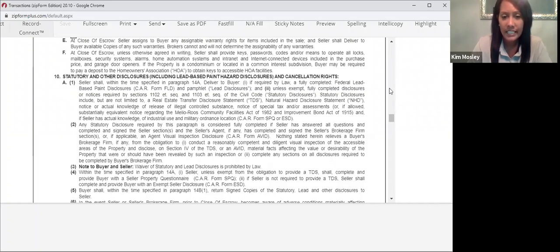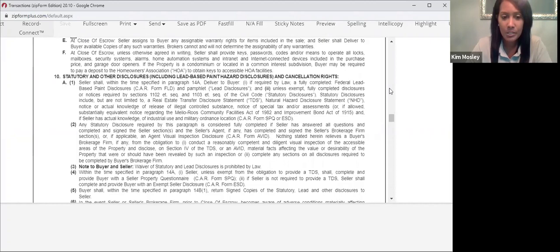And in 10A2, any statutory disclosures required by this paragraph is considered fully completed if seller has answered all questions and completed and signed the seller's sections, and the seller's agent, if any, has completed and signed the seller's brokerage firm sections.